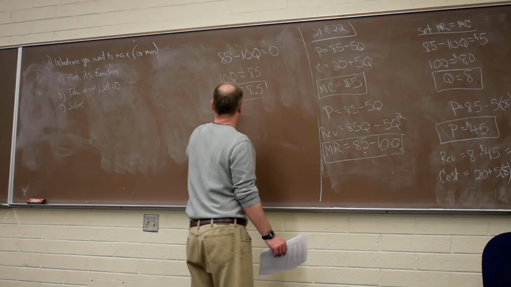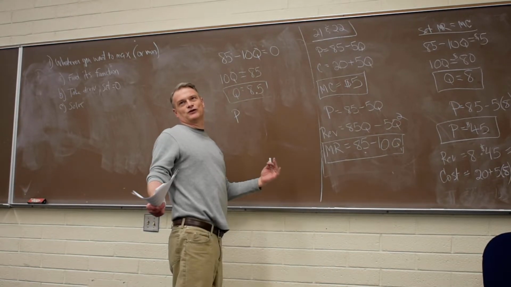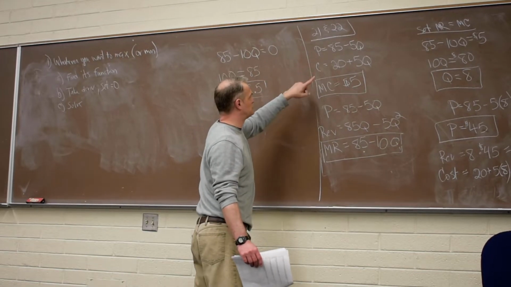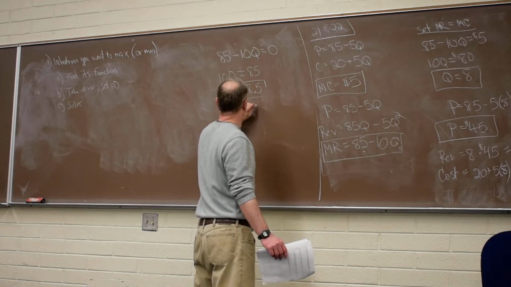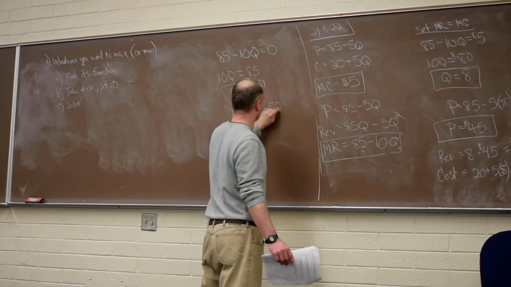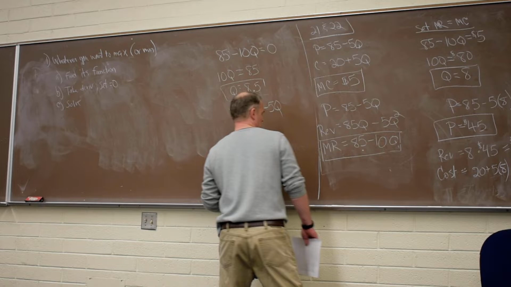unit is. So price, if I can sell 8.5 units, like 8.5 gallons of gas, is going to be 85 minus 5 times quantity, or 5 times 8.5.